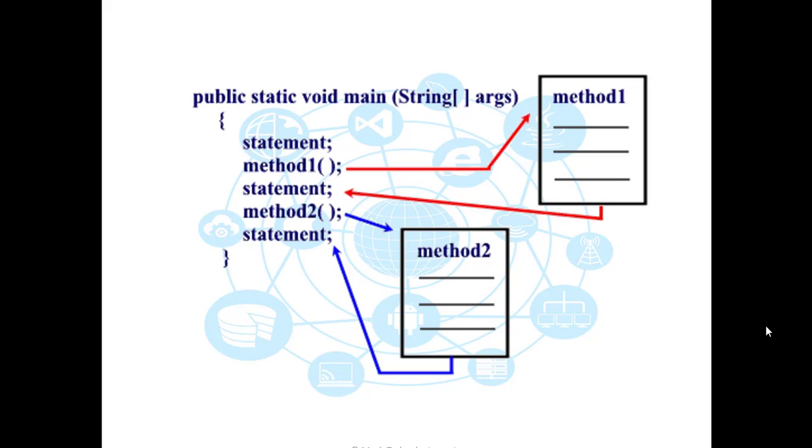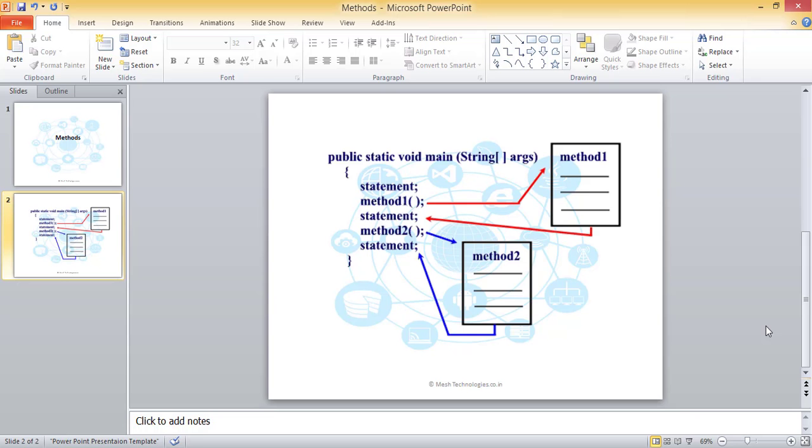That part of the program gets executed whenever we call that method, and after executing it, control returns to the main method and it does the desired work. So this is about methods, why we need them and what they do. Let's look at the practical implementation of methods.